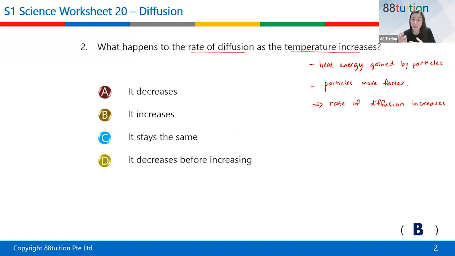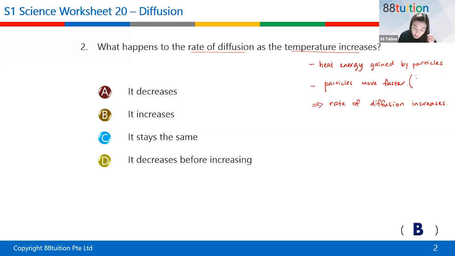So imagine this is like an open-ended question, and you are supposed to explain what happens to the rate of diffusion as temperature increases. So you need to explain step by step. When it's about explaining, you need to talk about when the temperature increases, there's more heat energy gained by the particles, causing the particles to move faster.